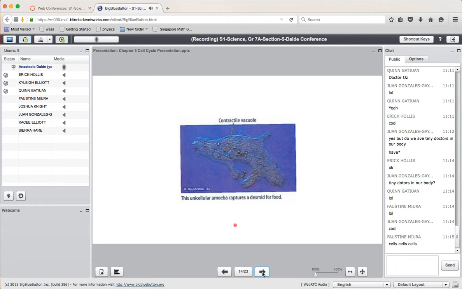They have to eat, they have to get rid of waste, and they have to respond, all within the same one cell. So here's a picture of an amoeba, that's this thing right here, and it's actually eating another single-celled organism, a type of algae called desmid. It eats that for food.